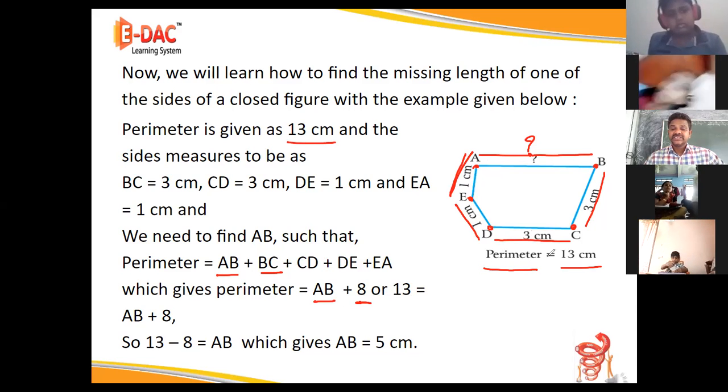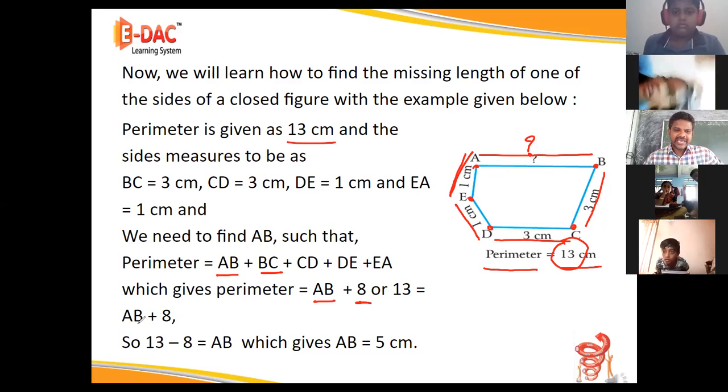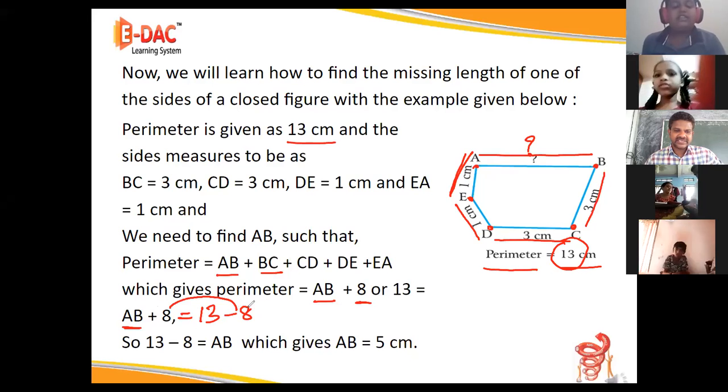Why? Because the total length of all sides is given. అని చెప్పేసాడు మనకి. సో కాబట్టి మనం ఏం చేస్తాం ఇప్పుడు, AB plus 8 is equal to 13 centimeters అయితే, but AB ఎంత? To get AB, you just subtract 8 from 13.